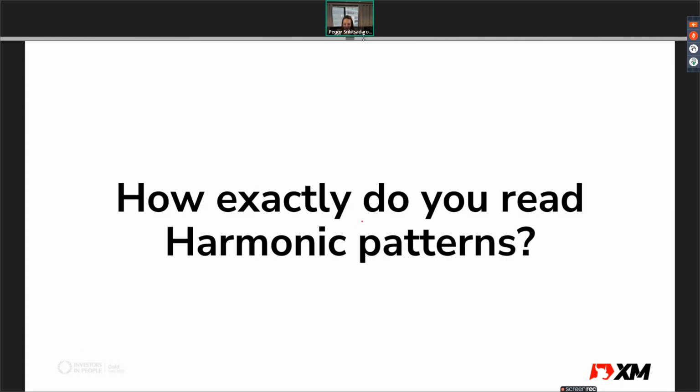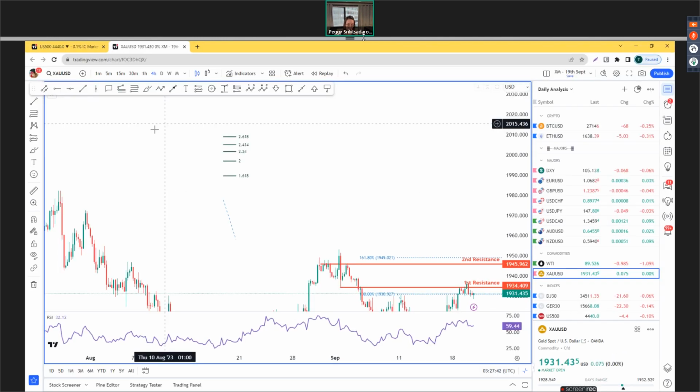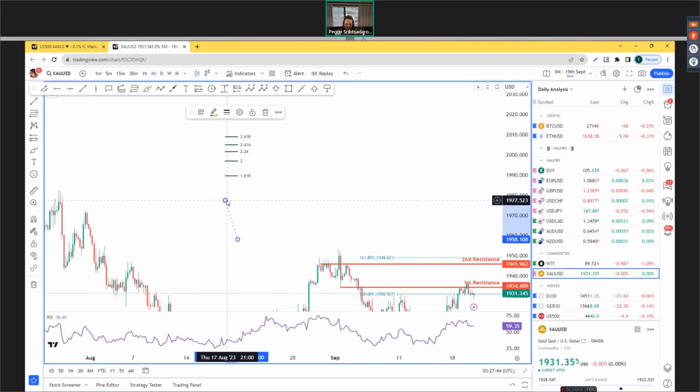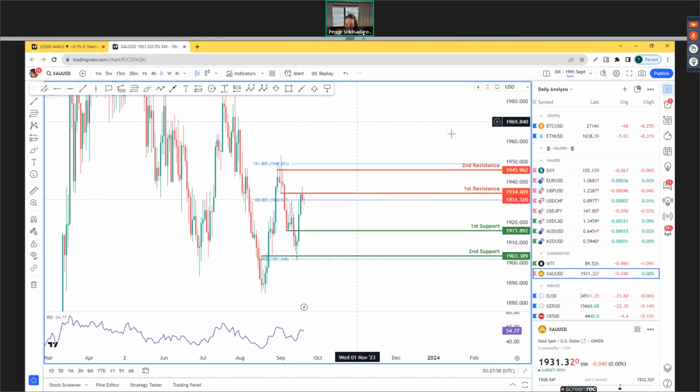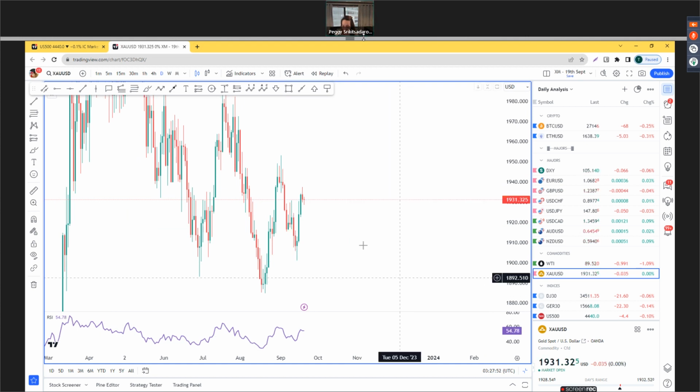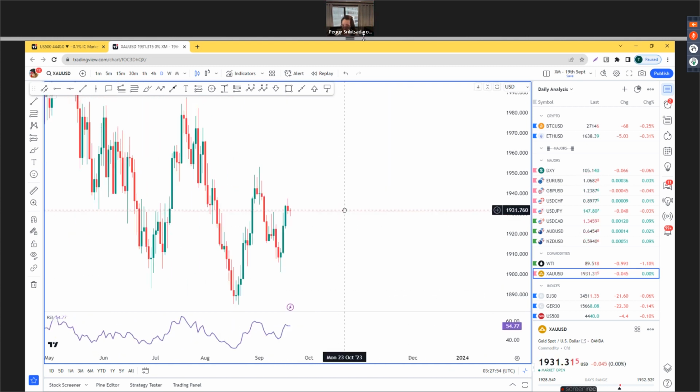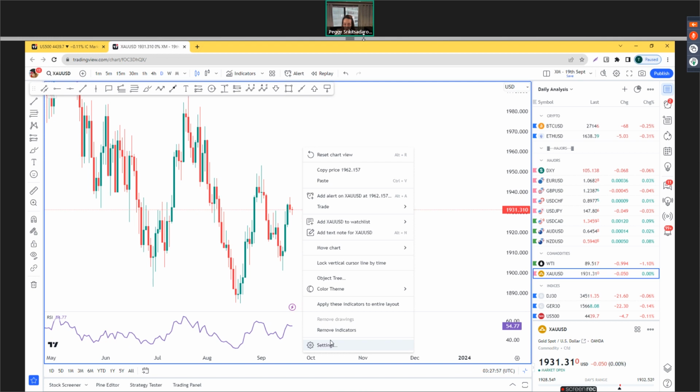Okay, so how do you exactly read the harmonic pattern? Let me bring you to the charts. I think yesterday I shared with you guys the daily time frame.